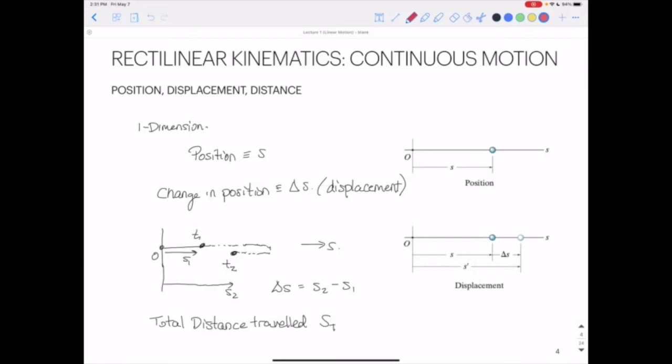The total distance traveled would be this red line here. And we can see that a delta S is just this distance between the start and end points. So in this case, our total distance traveled is actually greater than our displacement. So let's just label this.